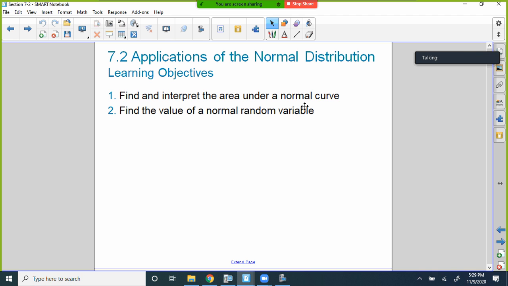Then we'll find the value of a normal random variable, looking at it based off percentiles and also area. So we'll work it all the way through, and then the other type is working it from the area or percentile back. So we will have come full circle on this.